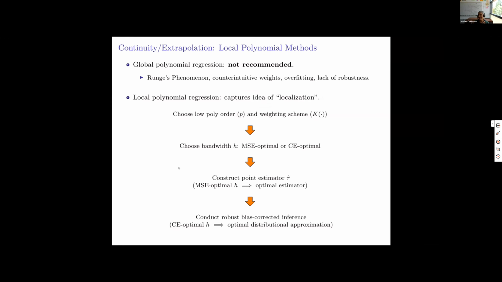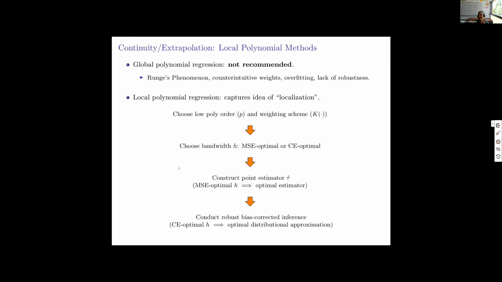But regardless of the weighting scheme, perhaps there's no weighting scheme, there is just a traditional least squares regression for a polynomial of order 1 or 2, that would be linear or quadratic, say. Then the key aspect of the regression discontinuity design is that we're going to force ourselves to localize. And so localization in RD designs will be controlled by a choice of bandwidth.